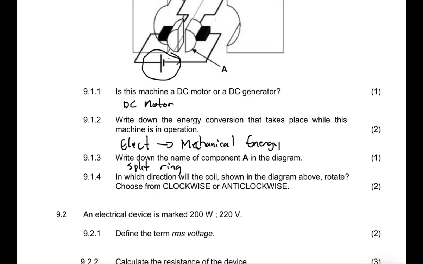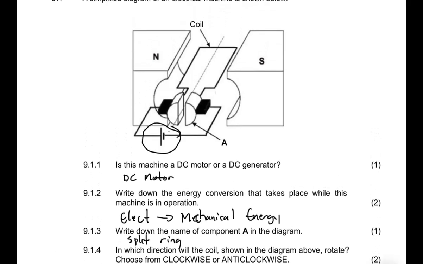And then 9.1.4 says, in which direction will the coil shown in the diagram above rotate? Choose from clockwise or anti-clockwise. So here we have to go to our hand rules. When we have a generator, we use the right hand rule. When we have a motor, we use the left hand rule.